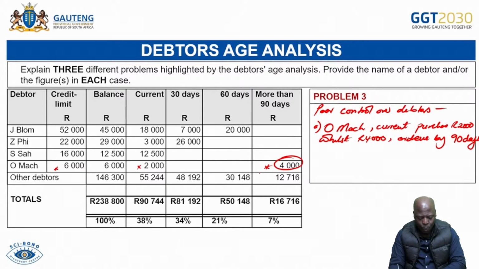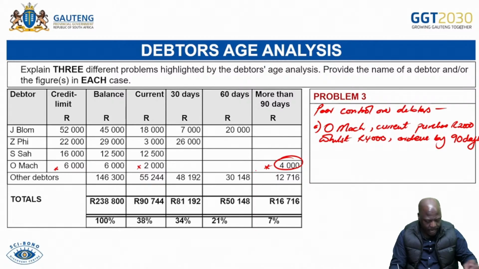So it shows that we do not have proper control over our debtors in that case.